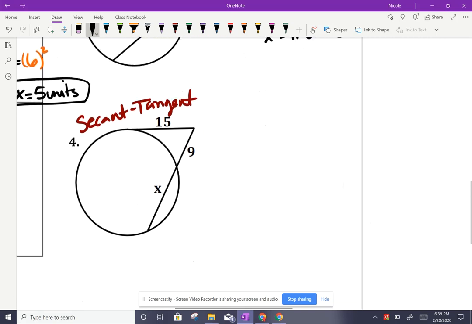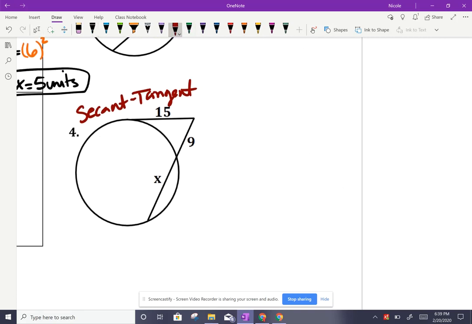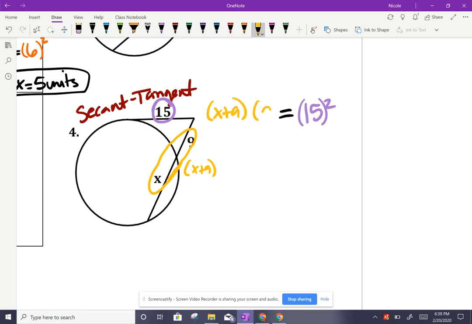And then we have a secant tangent. So the secant tangent, the tangent's all by itself and it's going to get squared. I'm going to go ahead and write that down, 15 squared. And then we set that equal to the whole of our secant, which is x plus 9, times just the outside, 9.